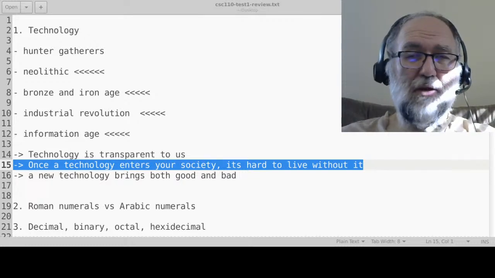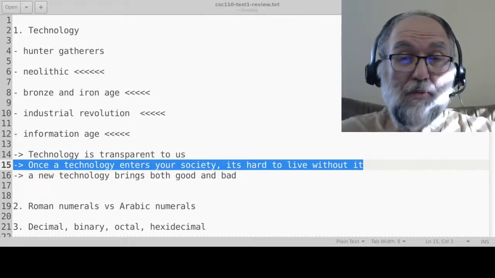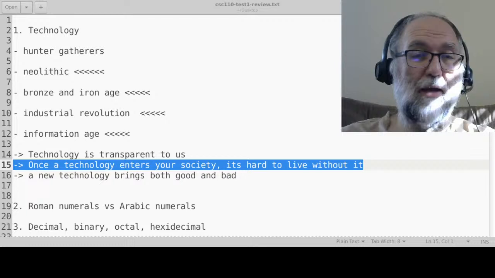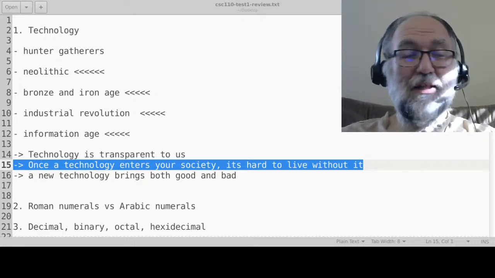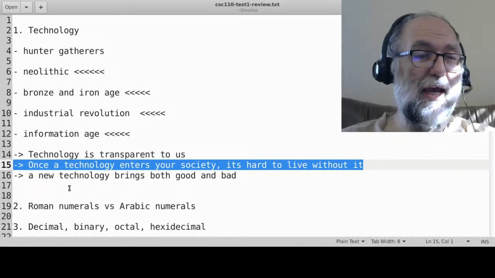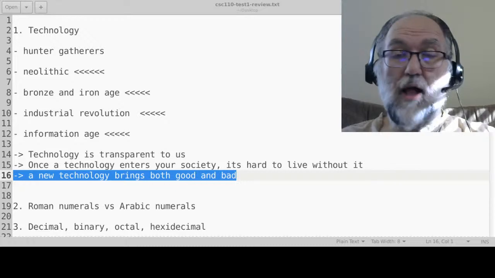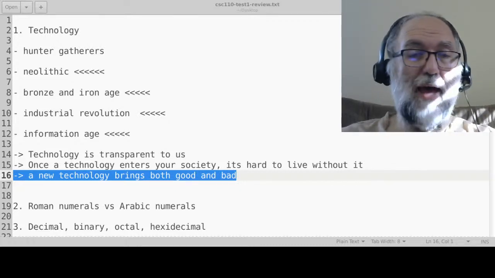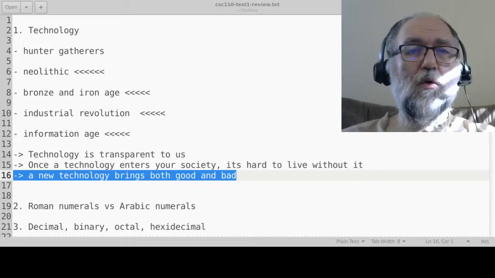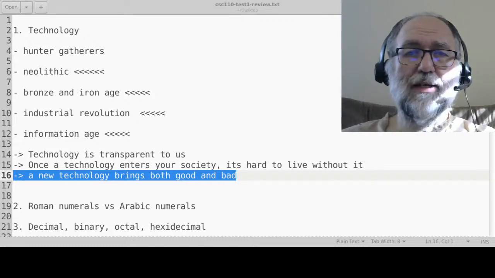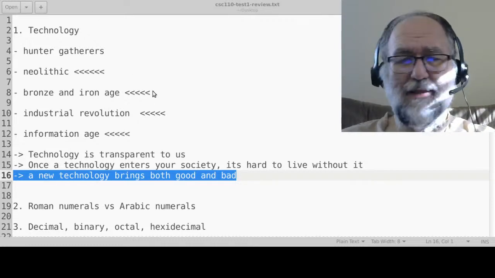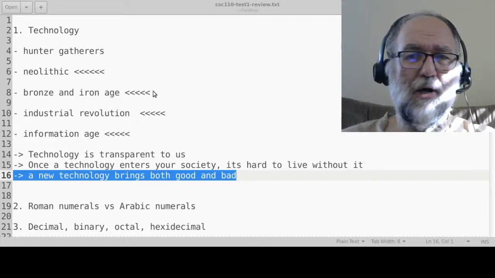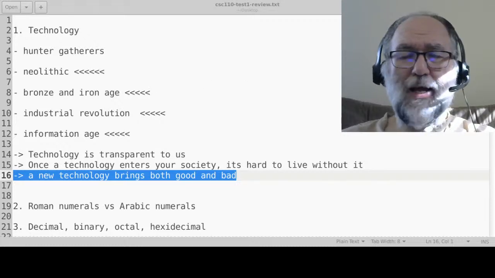You could try living without it, but then you're living like a primitive lifestyle, which some people like, but I don't think a lot of us could do it. And new technologies, when they enter our society, bring good, but they also bring bad as well. That's enough for the technological revolutions. If you understand that, then there are just a few multiple choice questions on that, and that's it.